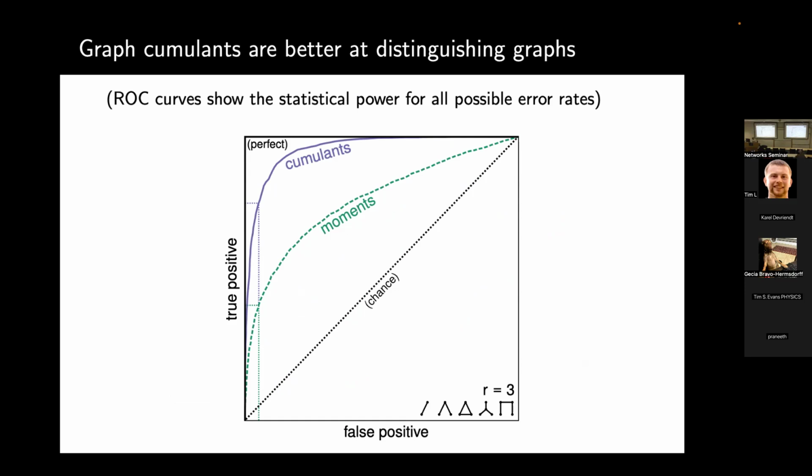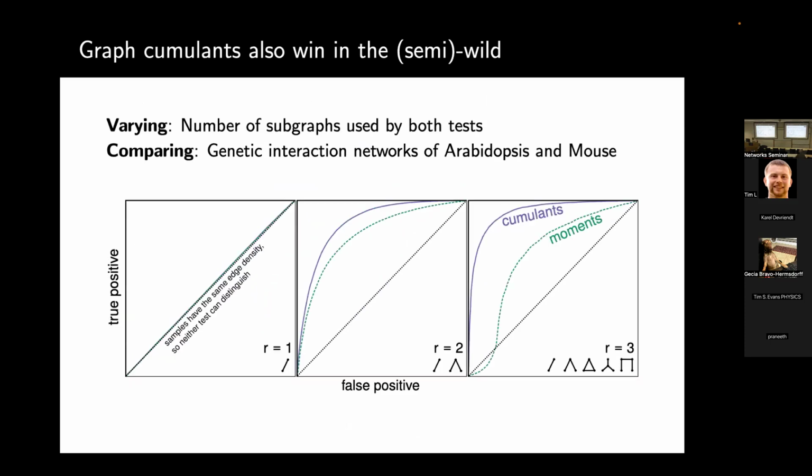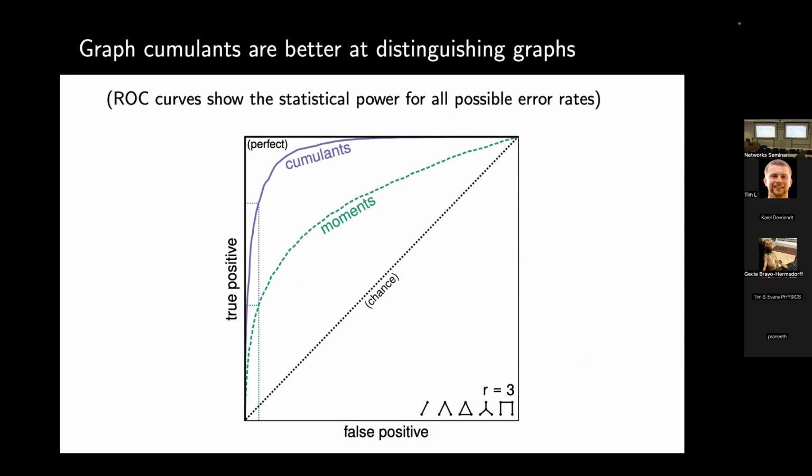But we test different SBMs, and we also did some simulations on semi-synthetic data, real-world data that we graphonified. For this one, it was just a simple SBM that we were comparing, not too different, so that at least we could see the tests doing something.